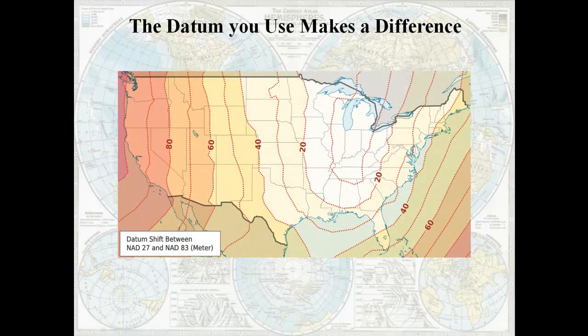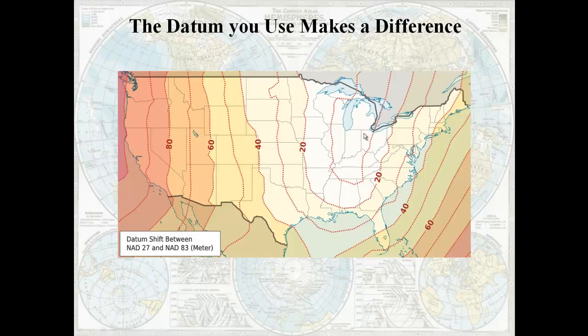How about horizontal datums? This is the datum shift between the old ellipsoid, the Clarke ellipsoid, and the GRS 80 ellipsoid. And you can see that according to these contours, there's really no difference between the two there. So you can imagine that that might be the part of the Earth that the old ellipsoid intersected with.